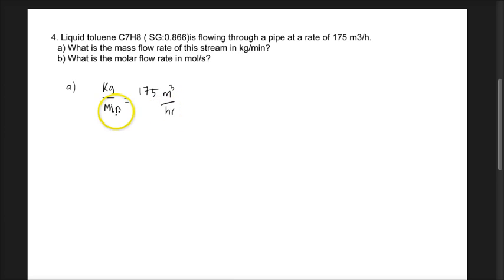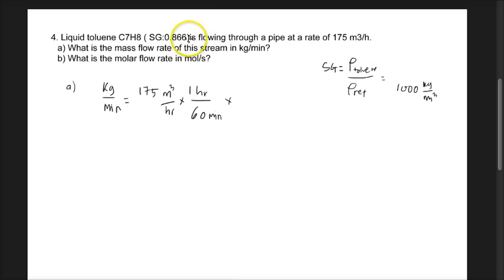So we need to convert hours to minutes first. An hour is equal to 60 minutes. And then we need to convert meter cube into kilogram, so we need to use the specific gravity given. Specific gravity is the density of toluene over the reference density, which is 1000 kilogram per meter cube.